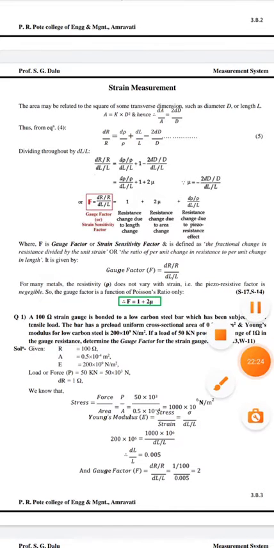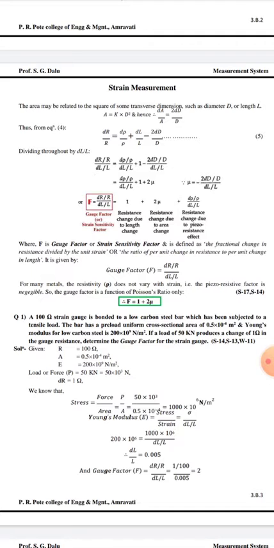Now the next formula is gauge factor. Gauge factor equal to dR upon R in the numerator and in the denominator dL upon L. So dR upon R is 1 by 100, because total resistance R is 100 and change in resistance is 1, and we have just calculated the longitudinal strain, that is 0.005.